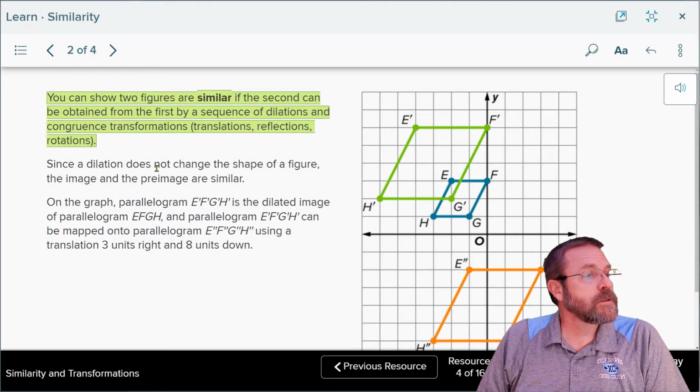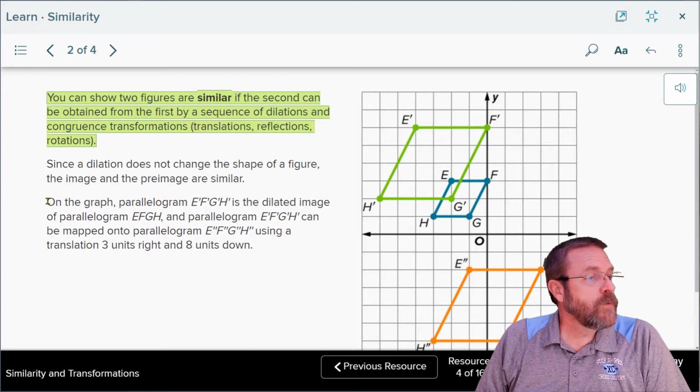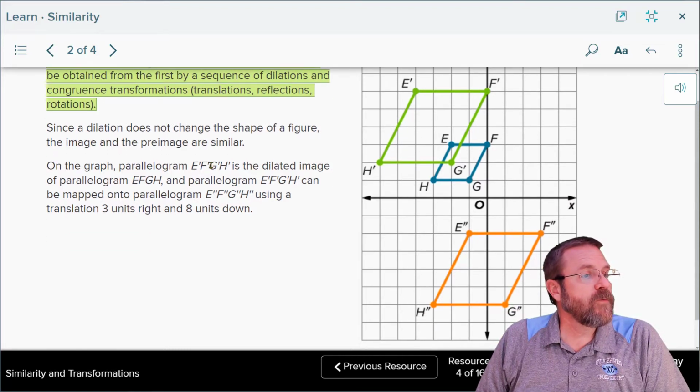Since the dilation does not change the shape of the figure, the image and pre-image are going to be similar figures. And similar figures means that the ratio between the corresponding sides is equal, and the corresponding angles are all going to be congruent.